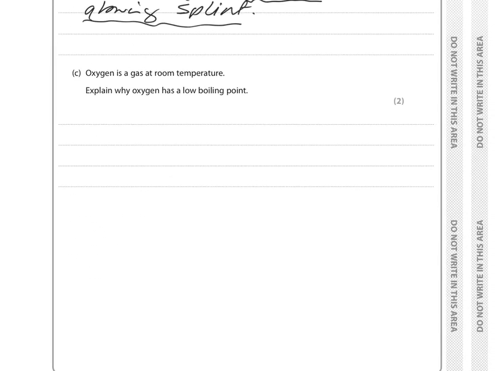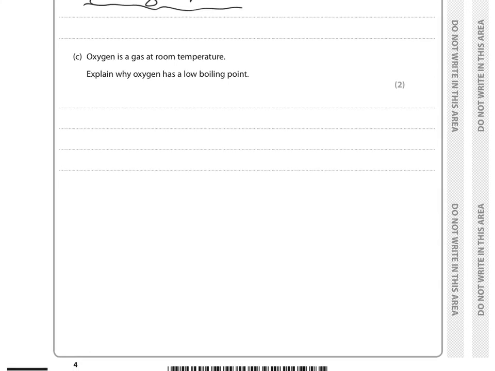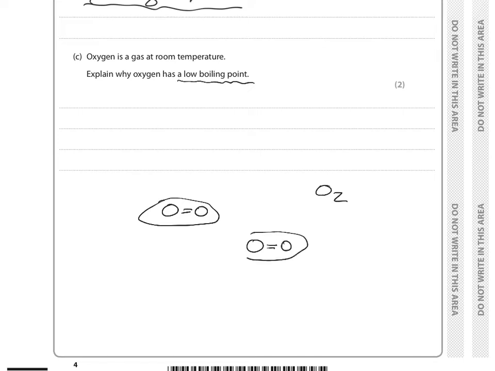Moving on. Oxygen, a gas at room temperature. Explain why oxygen has a low boiling point. This is very similar to the question that we had before. It says there that it has a low boiling point, but again, oxygen goes around as O2, and an oxygen molecule has strong covalent bonds holding the oxygen atoms together, but between oxygen molecules you have weak intermolecular forces.